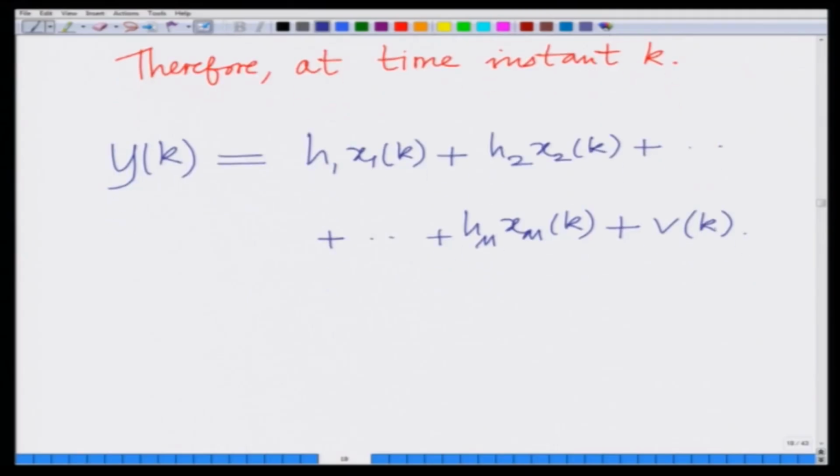In addition to that, we have channel coefficient h2 times x2 of k, which is the pilot symbol transmitted on transmit antenna 2 at time instant k, and all these contributions from the various transmit antennas add up at the receiver, and therefore we see the composite, the sum signal. Okay. So, let me describe that. yk is the observed symbol at the receiver.